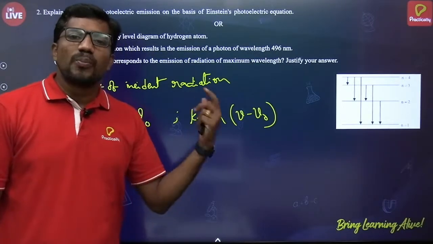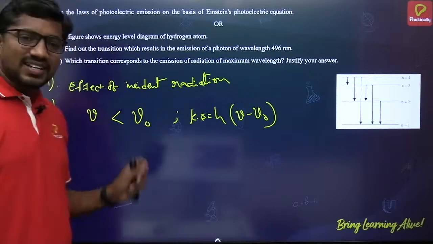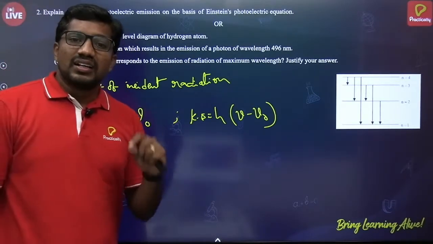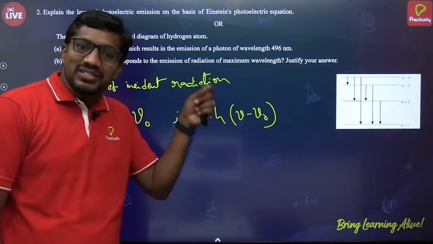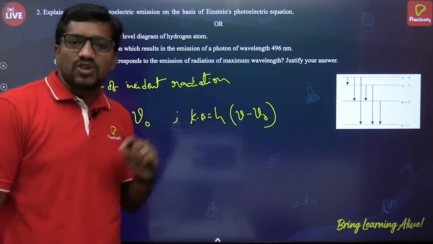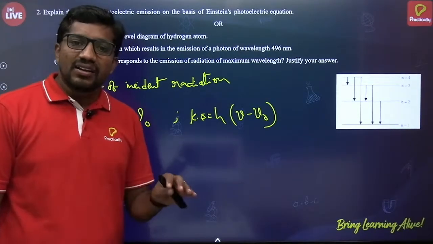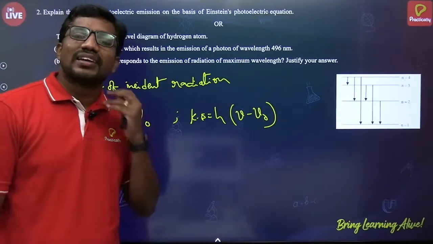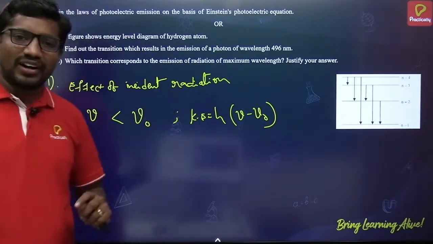Physically, there is no meaning for the statement. That means if the frequency of the photon incident on the photosensitive plate is less than the threshold frequency, then there won't be any photoelectric emission. It's not possible.